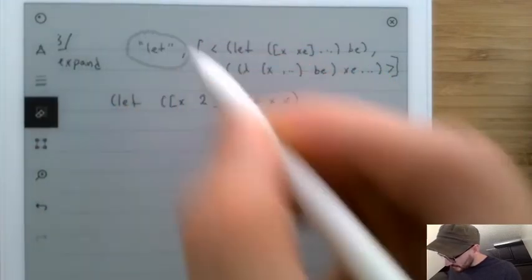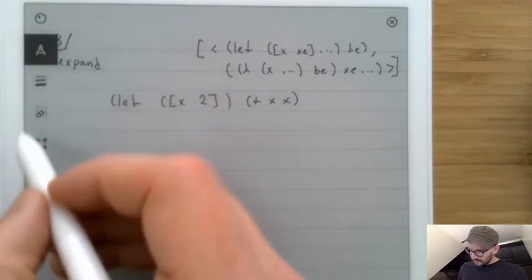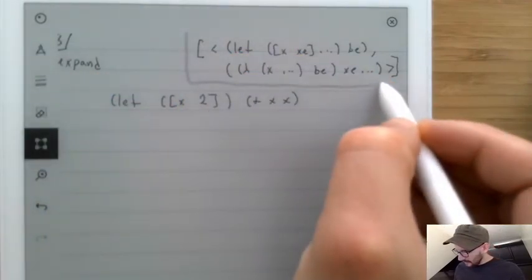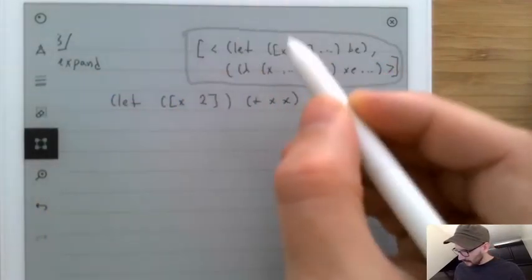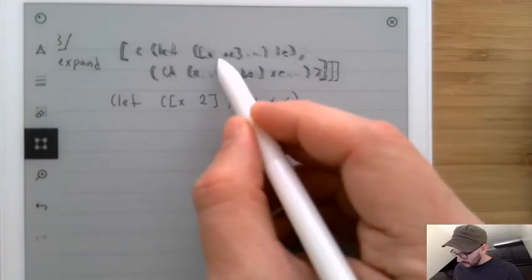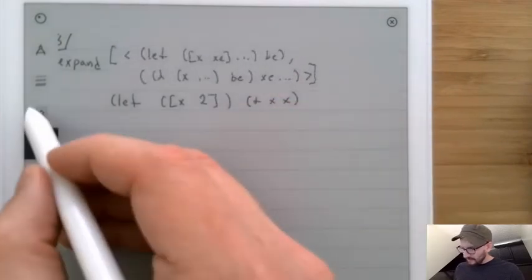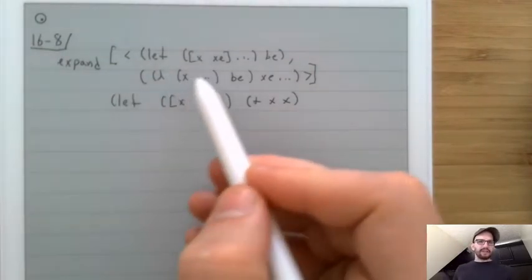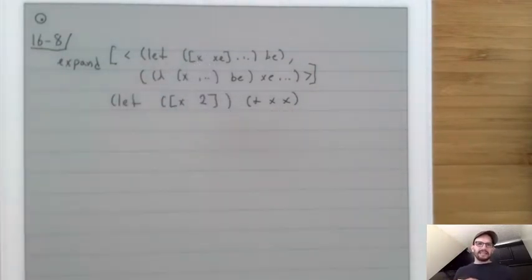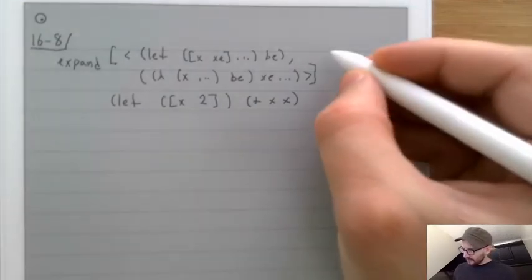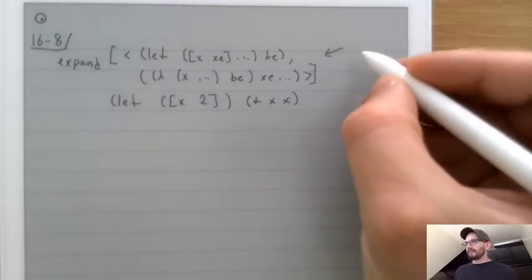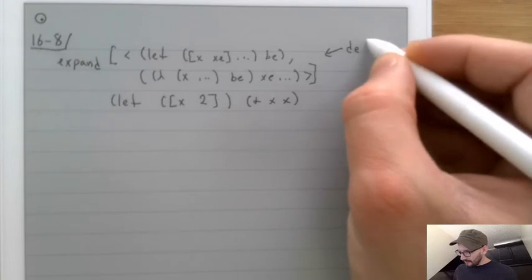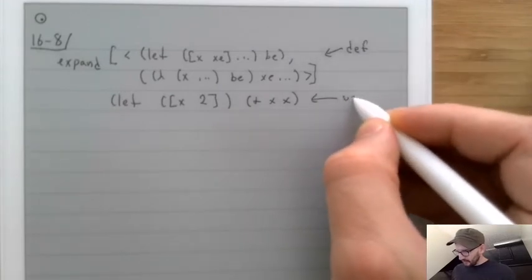We don't need that part. All right. Okay, so expand is going to be called with the definition of the let macro and this instance of it being used. This right here is the definition, and this right here is the use.